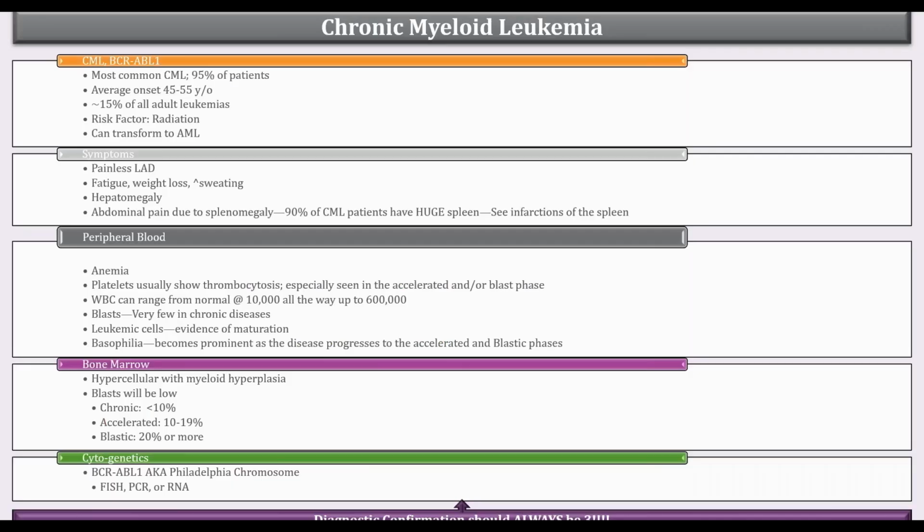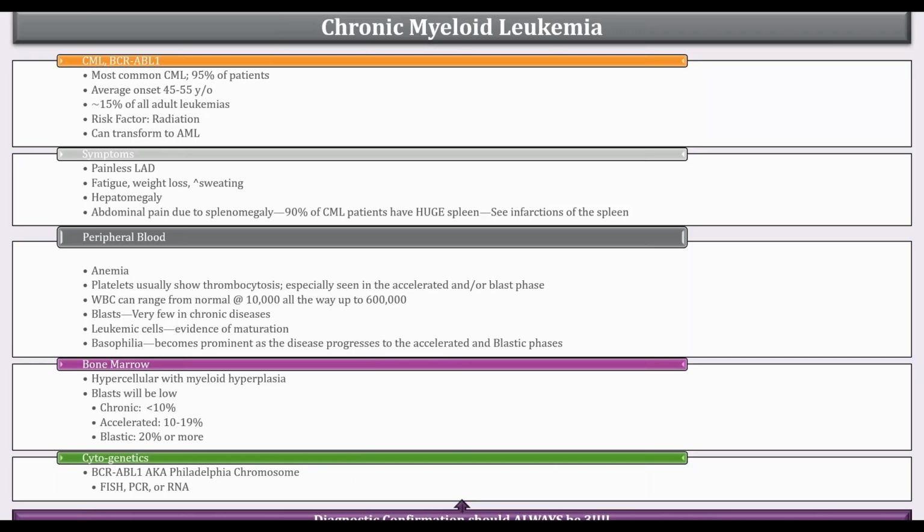We're going to take a look at the most common CML, so the CML BCR-ABL1. Again, we're going to see this in 95 to 98% of patients. The age is usually greater than 40 years old, with 45 to 55 being the average onset.